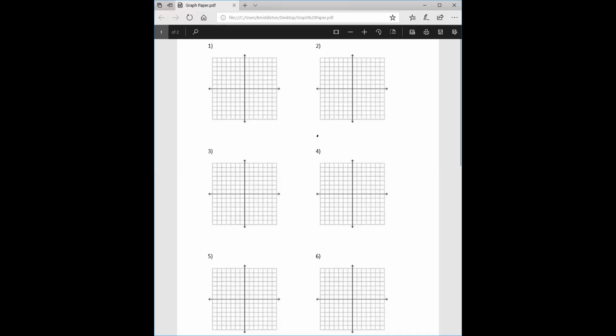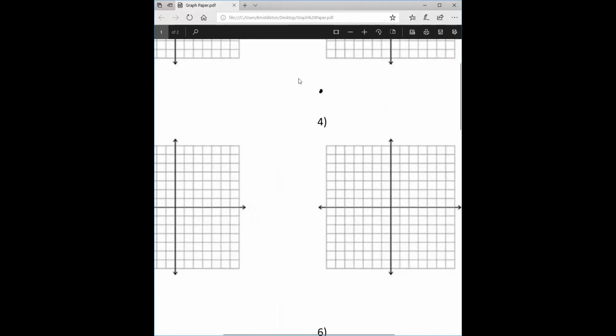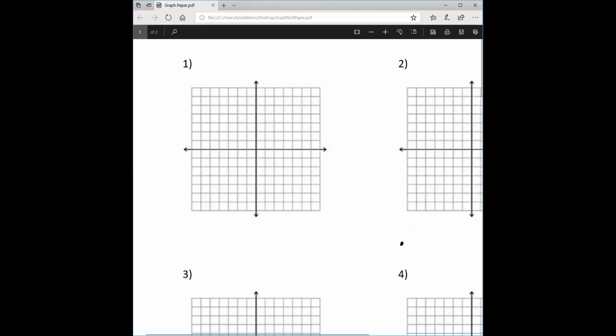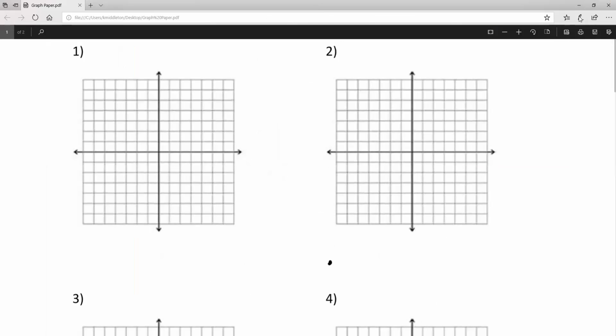The nice thing about Microsoft Edge is that you will be able to just go through on this screen, and probably make your graphs a little bit bigger so they're easier to deal with. I can maximize the screen. Then you can write on the screen.